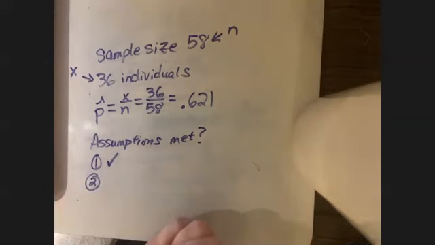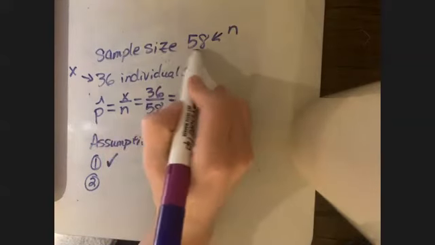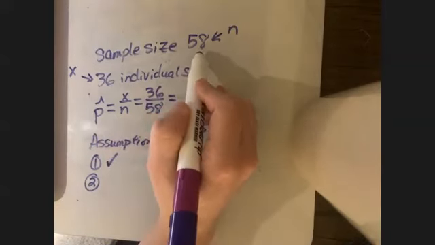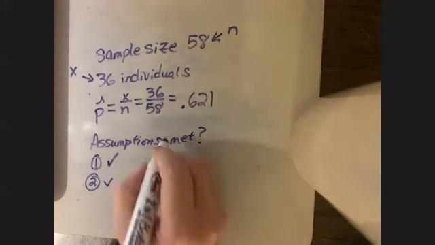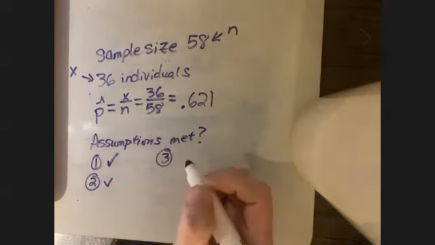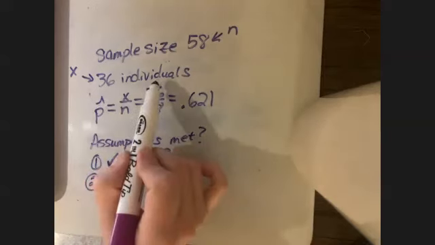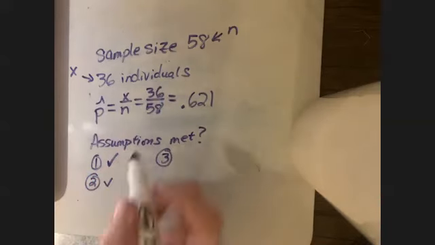Second one is the population is at least 20 times larger than a sample size of 58. If we're talking about the US or anything like that, we're going to be 20 times larger. Third, was that it's two categories, okay? We have 36 had whatever it was, then the other group is going to be not.